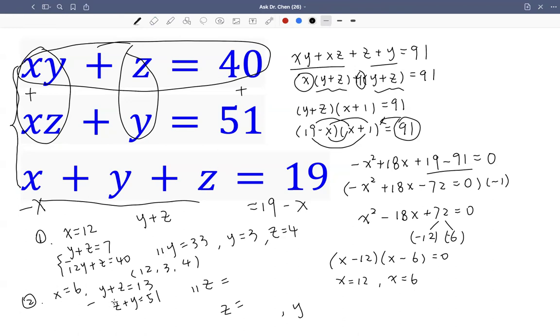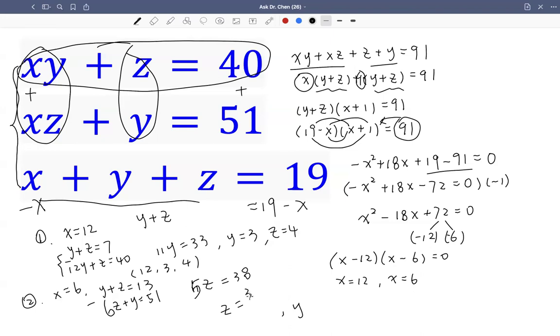Okay, so we get 6z because x is 6 now. 6z plus y equals 51. Now 6z minus z is 5z, not 11z, and y minus y is 0. 51 minus 13 is 38, because 38 plus 13 is 51.